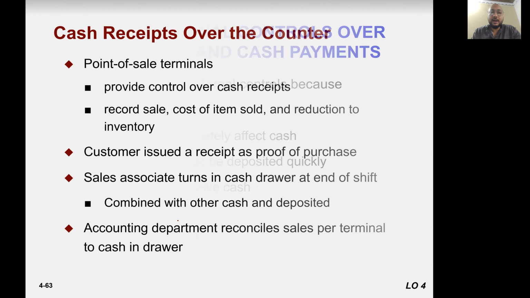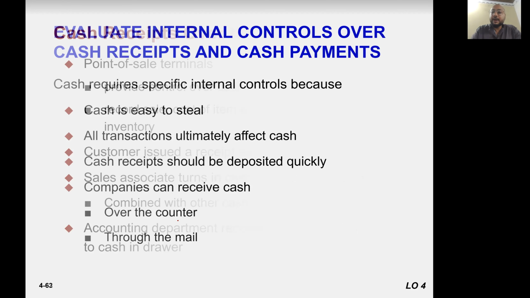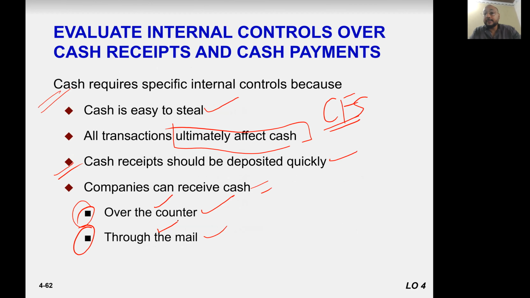And how can you establish that? By separating the duties, between those who are receiving the cash and those who are depositing the cash. And what is the depositing responsibility? You need to deposit as quickly as possible. If you receive through mail, please notify that.